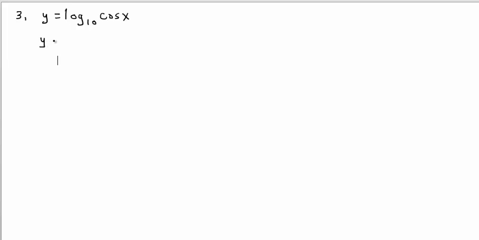So I'm going to do a change of base. Log of cosine is natural log of cosine over natural log of 10. That's exactly like the new formula, it's 1 over natural log of a. And then I'm just going to show an extra step where it's natural log of cosine.